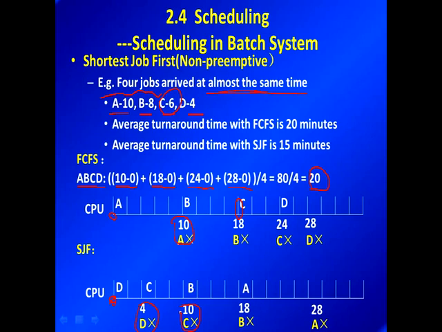So the turnaround for job C is the completion time 10 minus the submission time 0. They all arrive at the system at time 0. So the turnaround time for job C should be 10.